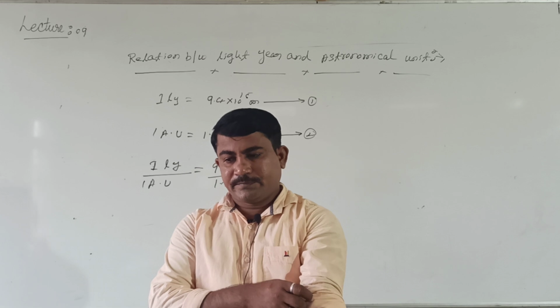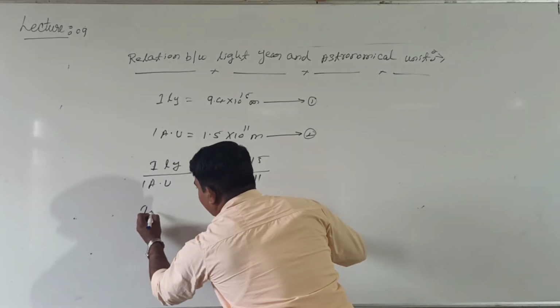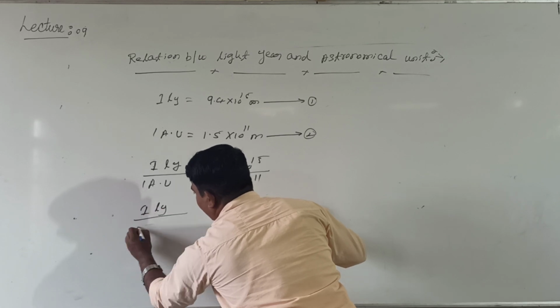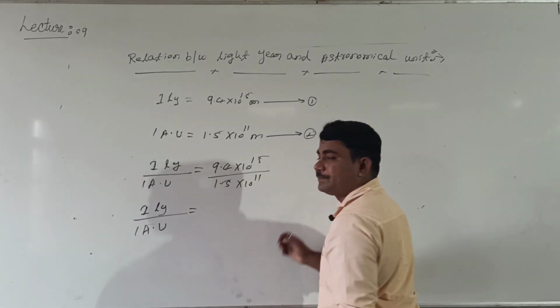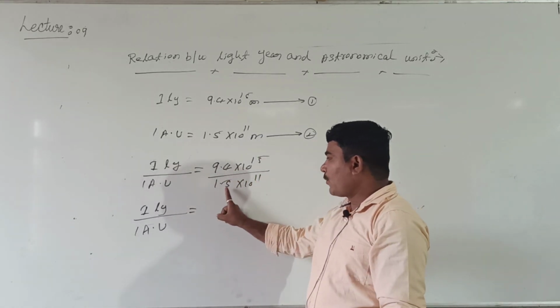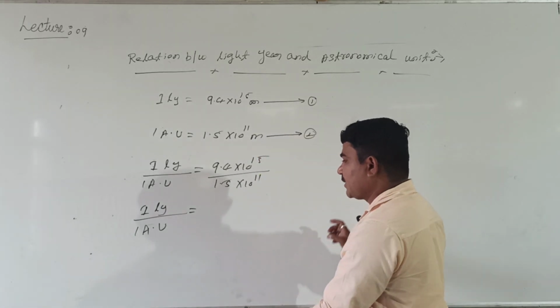Now 1 light year divided by 1 astronomical unit equals 9.4 divided by 1.5. How much is that?